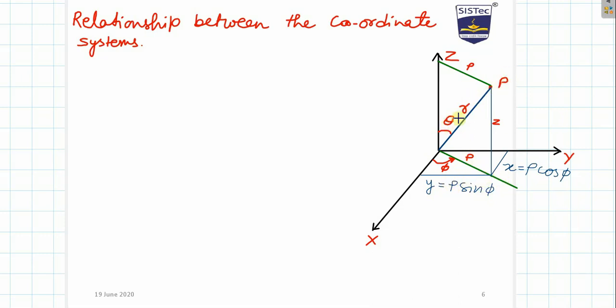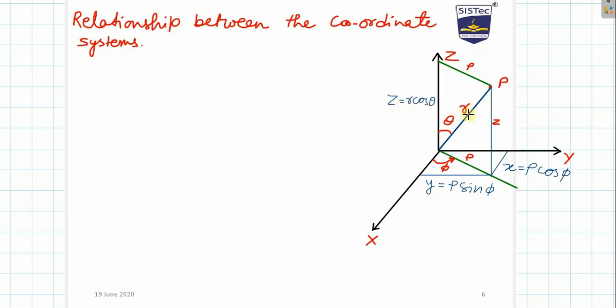Now here it is r. So what will this z be? This z will be r cos theta. So here we can write z equals r cos theta.